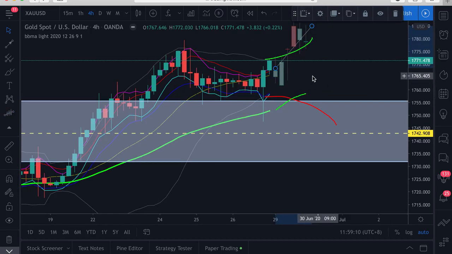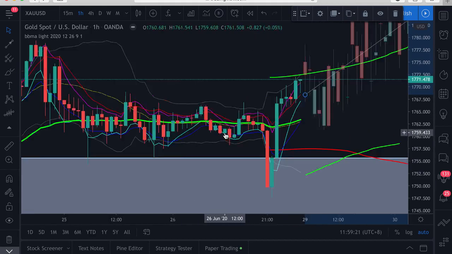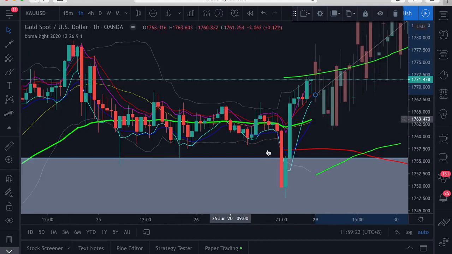Okay, so to avoid that, what we're going to do is we want to see that H1 is making a CSM sell after that, and it's very common for gold to make a fake out like this. You see, like one bearish candle and straight away it makes an extreme and continues to go up. So be careful when you trade gold.